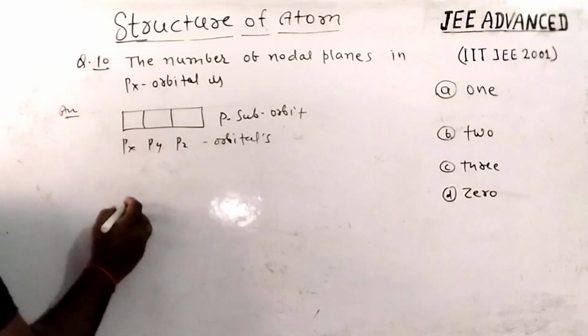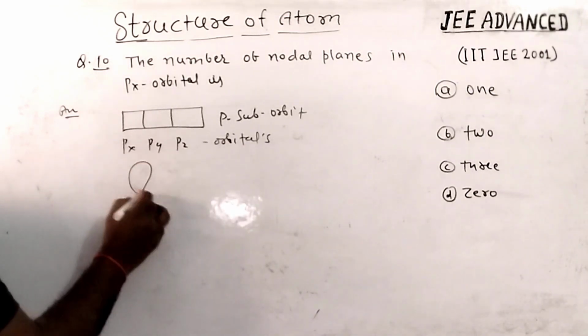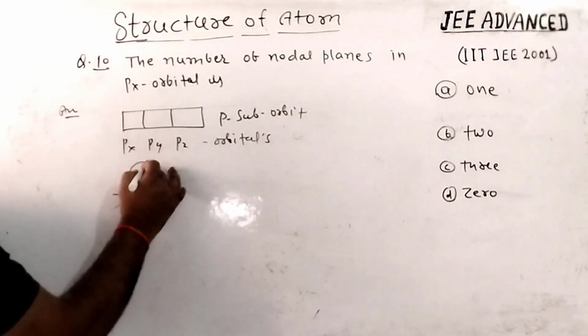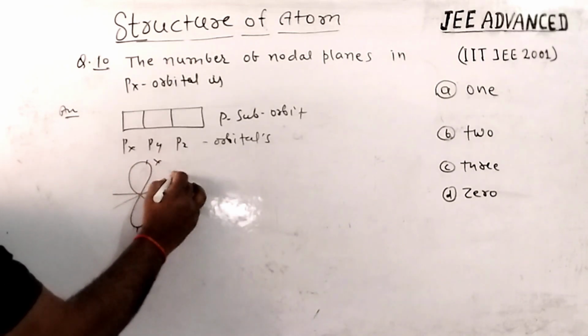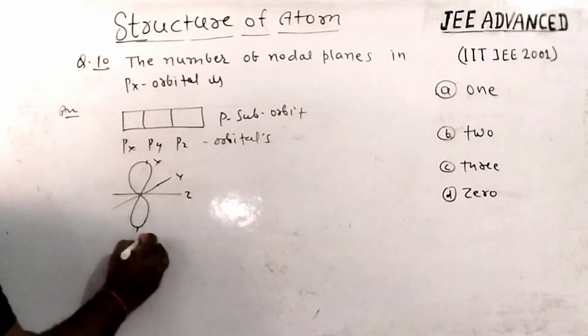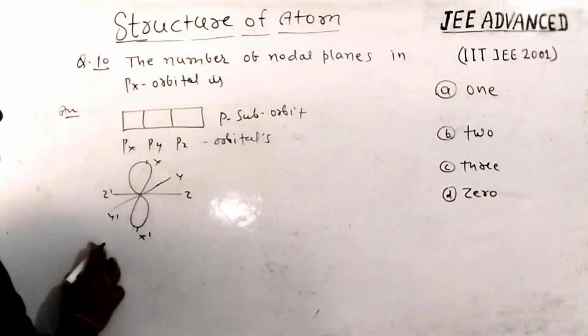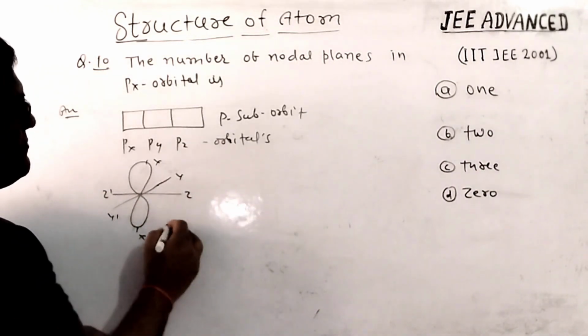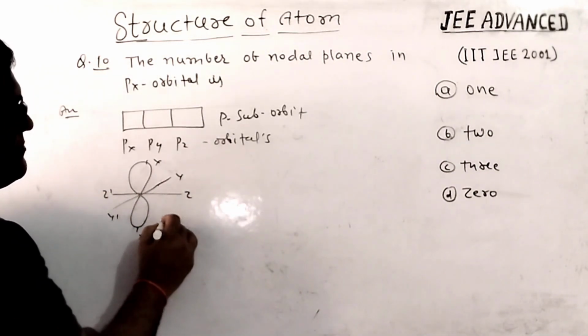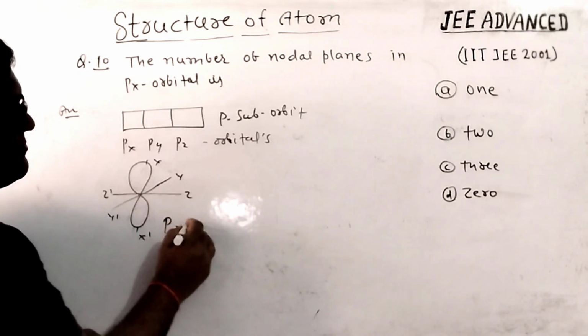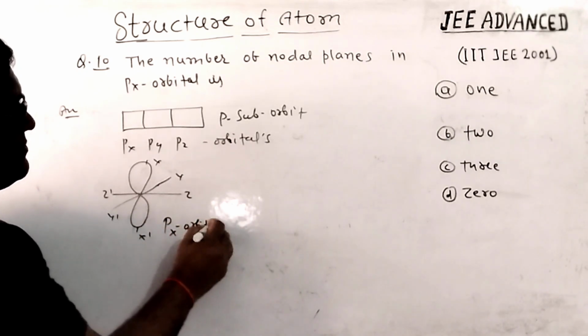In case of px, here x, y, z, x dash, y, z, z dash. Okay. Now this is px orbital.